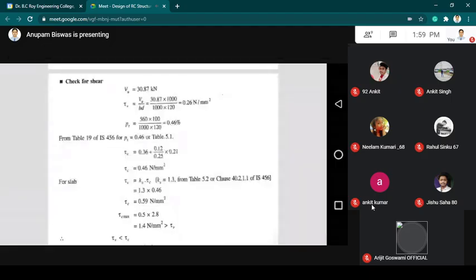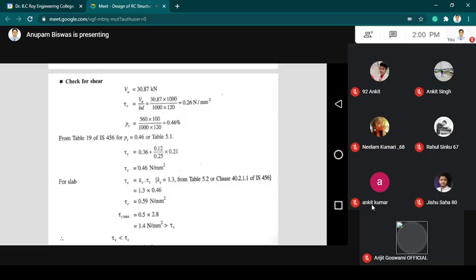From here we have to check the corresponding value of tau c, which is obtained from clause 40.2.1 of IS 456, where tau c is equal to Ks into tau c. The Ks value is obtained as 1.3 for the provided depth, and the tau c value obtained as per Table 19 of IS 456 is 0.46 after interpolation.